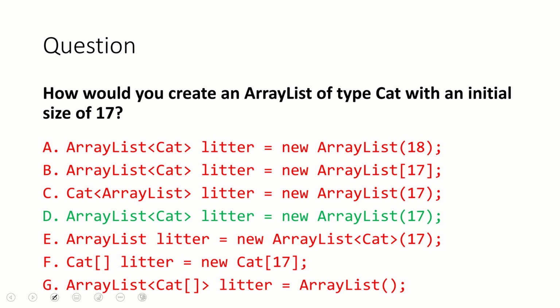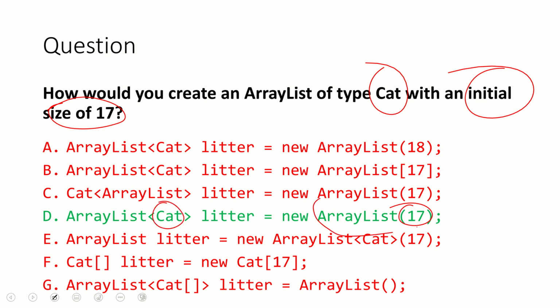The answer is D. First of all, you need the initial size of 17, which is the capacity. Another thing you want is the type, cat. So it's Cat, 17. You need the keyword ArrayList, using the brackets. This one is not right, because it looks like the array.